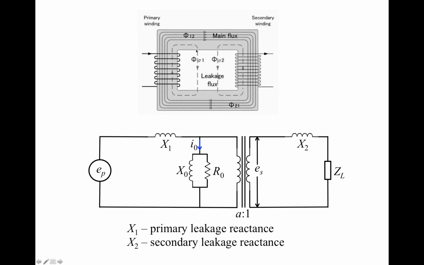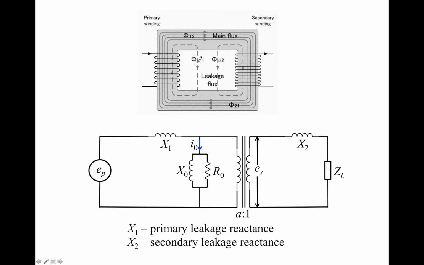But because there are still induced fluxes, they are still going to induce voltages. But it's a small amount of voltage, because the amount of flux leaked outside of the core is small for realistic applications. But you still have some amount that's leaked outside.